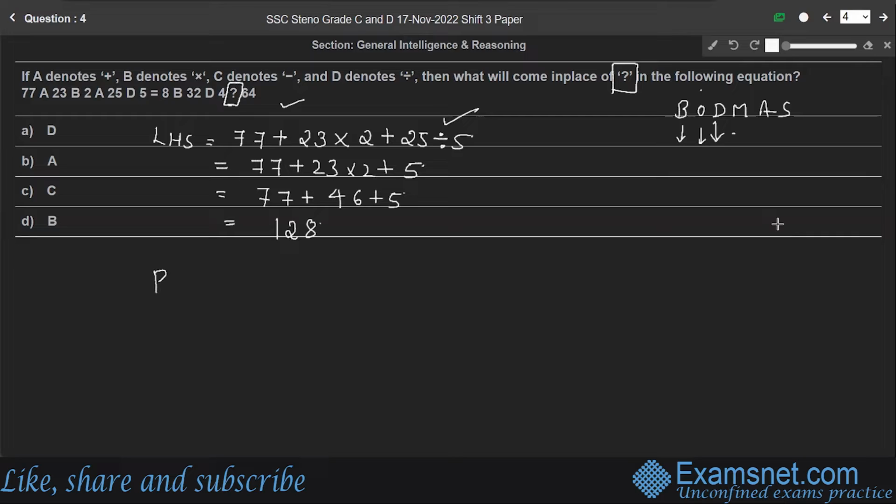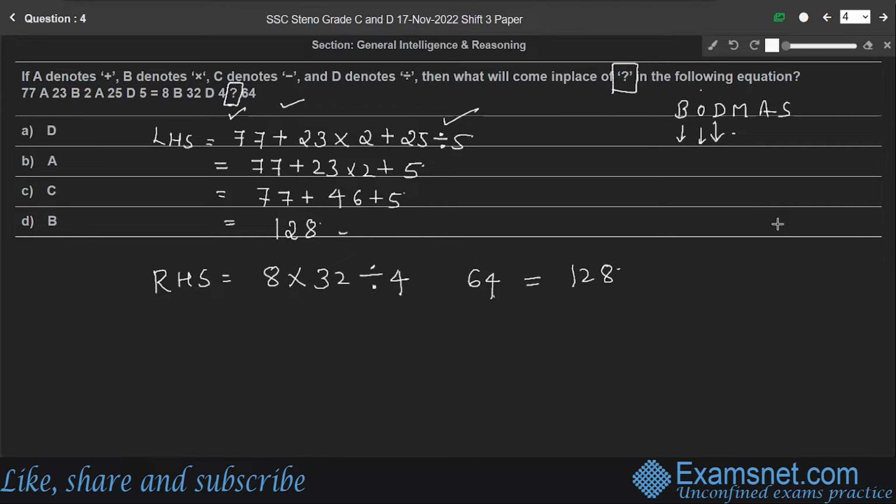Now let us consider the right hand side part. The right hand side is 8 B 32 D 4, and we have to insert an operation after 4, 64. This should be equal to the left hand side part, which is 128.